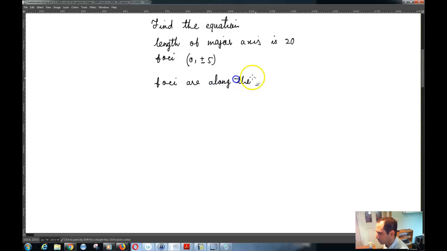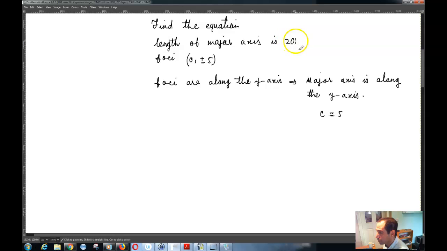And since the foci are on the major axis, you can say that the major axis is along the y-axis. Now what that means is that your C is equal to 5.